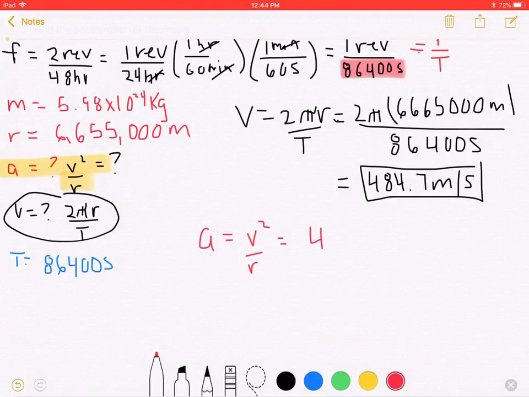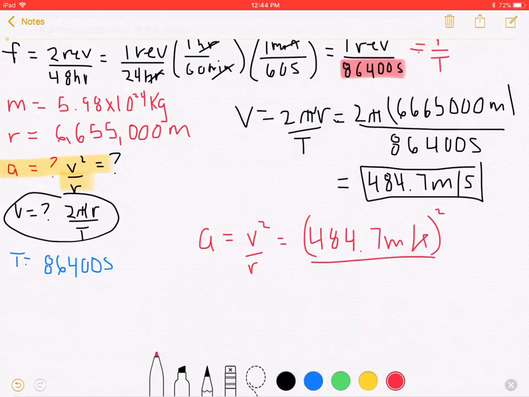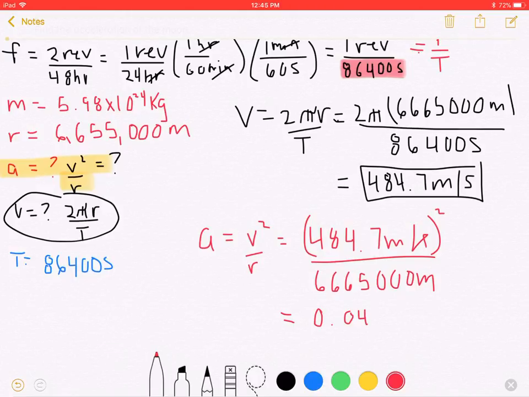That's equal to 484.7 meters per second squared, divided by the radius, which we're told in the problem is 6,655,000 meters. When we plug that into our calculator, 484.7 squared divided by 6,655,000 meters, we are going to get an acceleration of 0.04 meters per second squared.